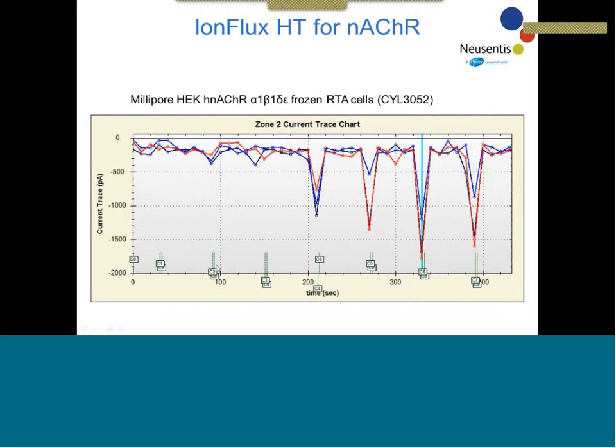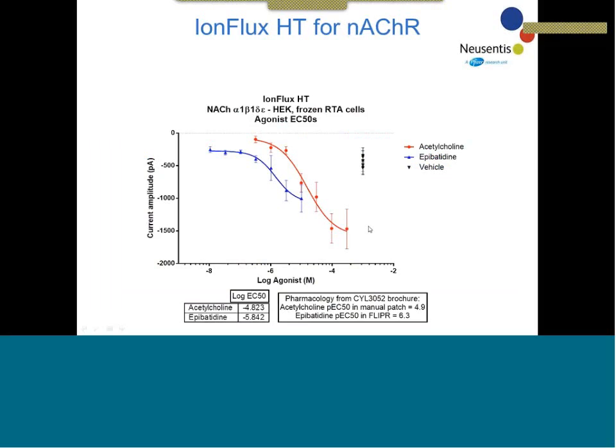This is the current versus time plot from that experiment, just showing what the currents look like with increasing concentrations of agonists. We've taken the current values from the peaks and plotted those as EC50s for either acetylcholine or epibatidine, which is another known agonist.